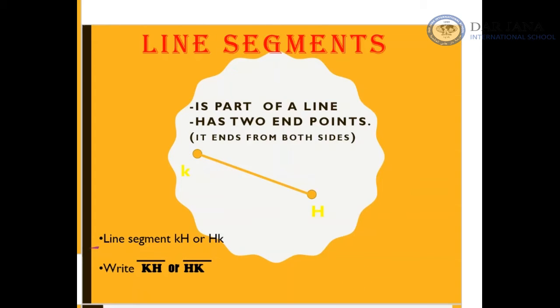Do you think I'm going to write KH and put it like this? Of course not. Why? Because this shows I'm talking about a line. So a line segment I'm going to draw like this. This means it ends on both sides, or if it's easier for you, just a small dash above it, like this example.